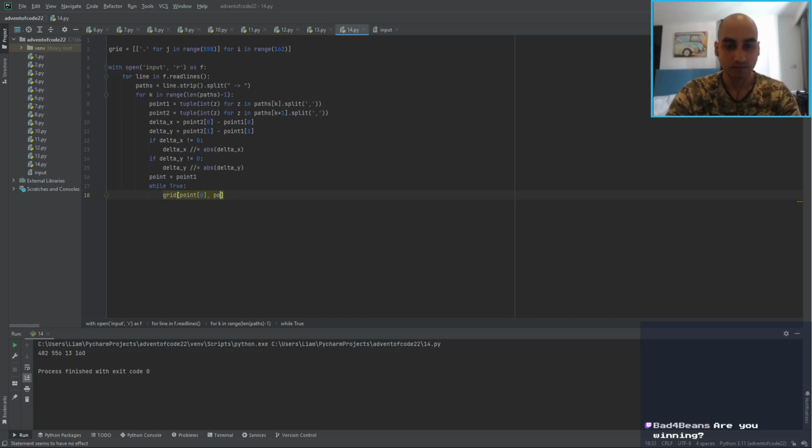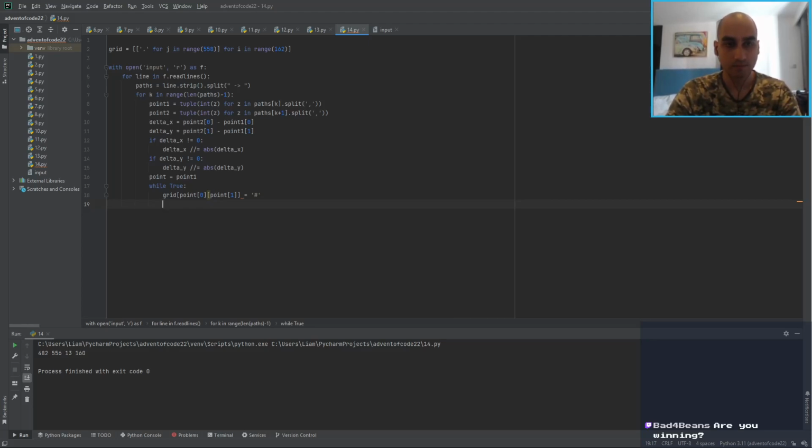Grid point 0, point 1. Oops. So that changes to rock. Okay. And then we want to add the delta.